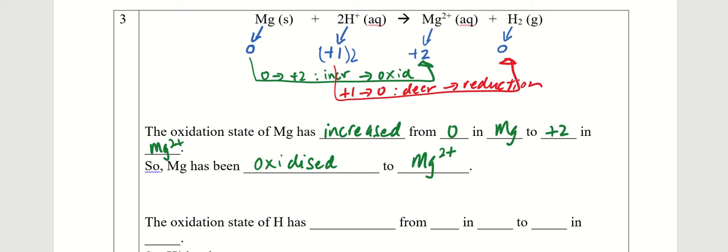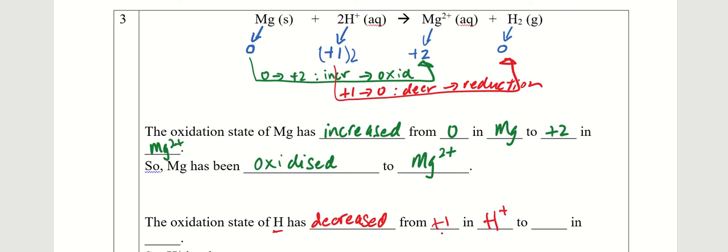So, how shall we phrase the answer? We say that the oxidation state of hydrogen, again, we're talking about the element, has decreased from what to what? It decreased from +1 in H plus. Again, you notice that I did not write the number 2 in front of the H plus.